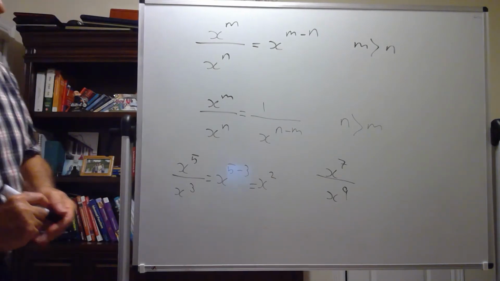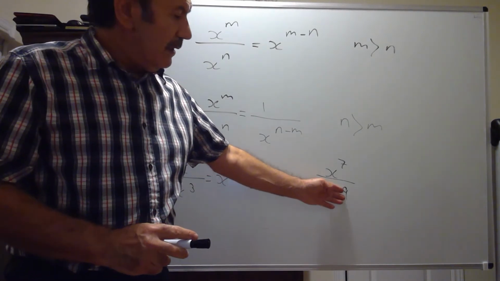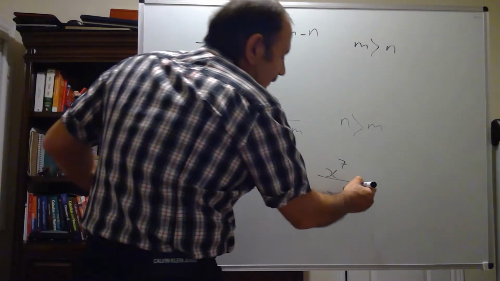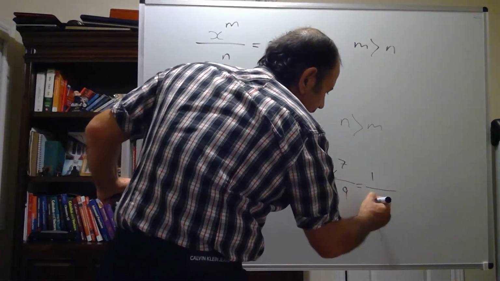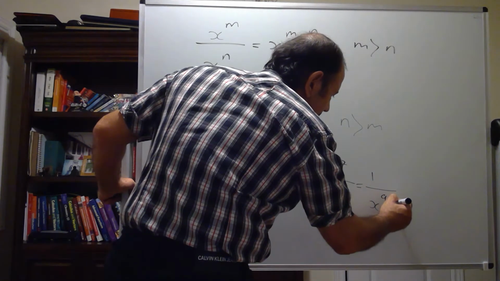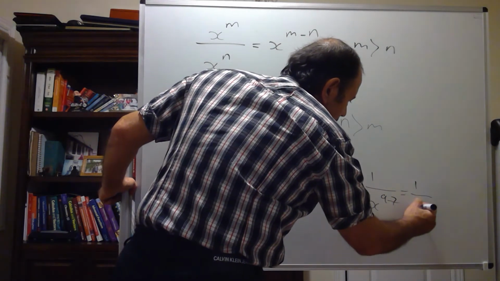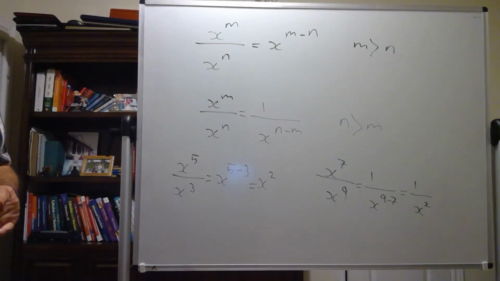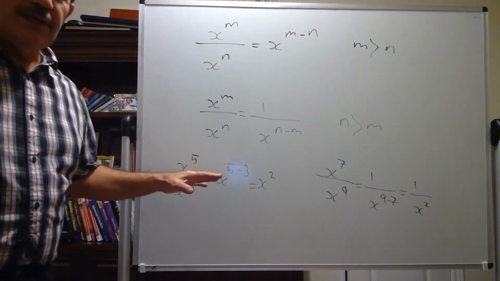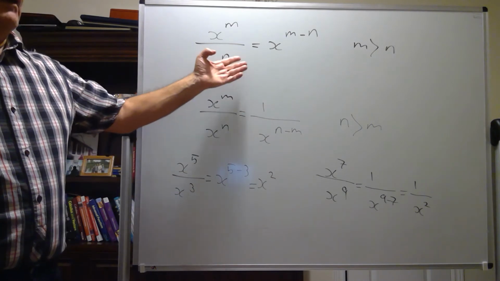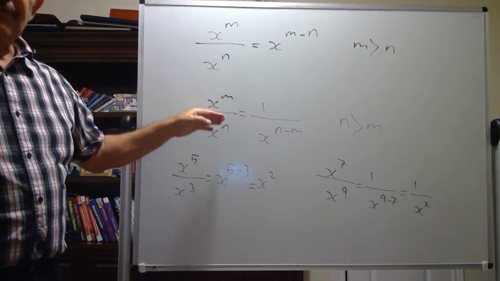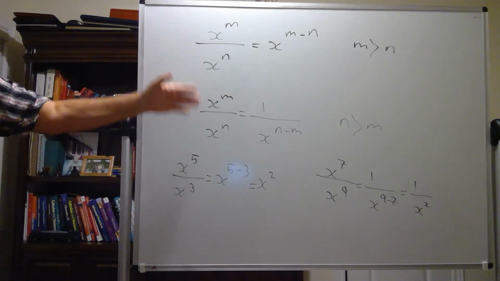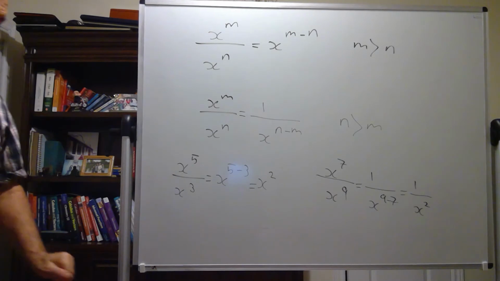When the exponent of the denominator is greater than the exponent of the numerator, then we can write it as 1 over x to the power of 9 minus 7, which is 1 over x to the power of 2. And I will show one thing: we can combine these two formulas after learning another formula. But right now, you can learn with this method.